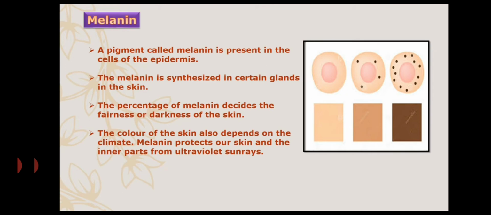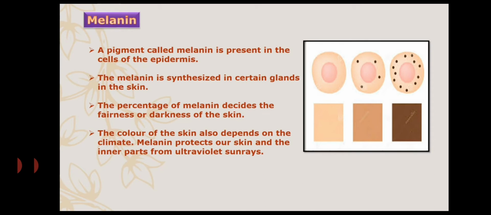Third one, the percentage of melanin decides the fairness or darkness of the skin. At this point, you all will understand properly. Because of this melanin only, some people's skin is fair and some people's skin is dark.